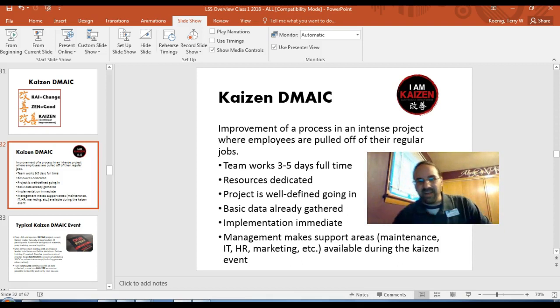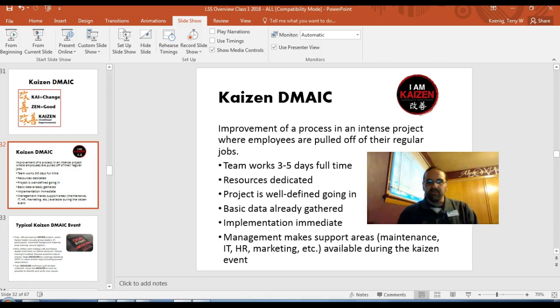So a Kaizen event, sometimes it's referred to as a Kaizen blitz. Kaizen blitz, Kaizen event, usually depends on how long it takes. I always think a Kaizen event is a week-ish, and a Kaizen blitz is a day-ish. So it's the same ideas, it's just how in-depth it's getting.